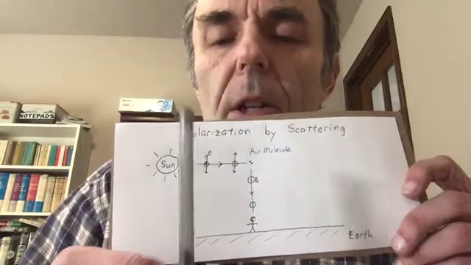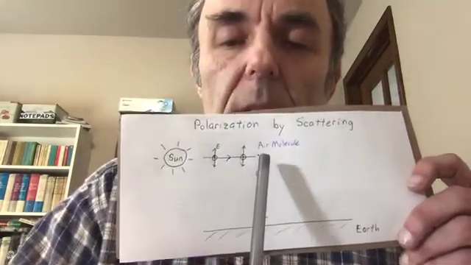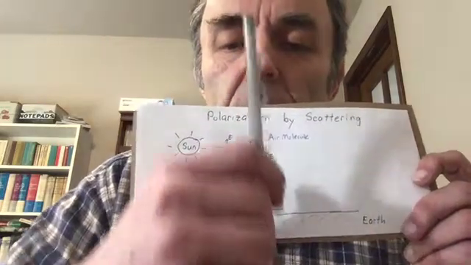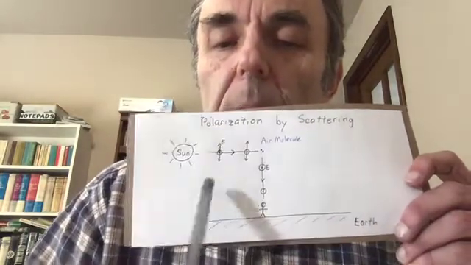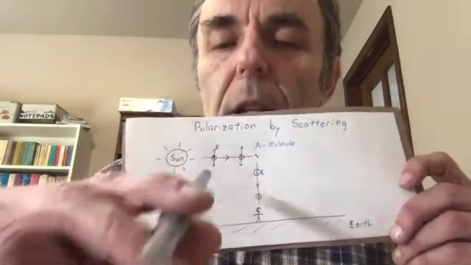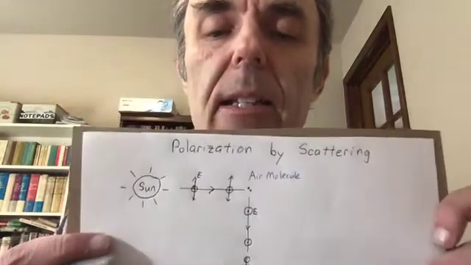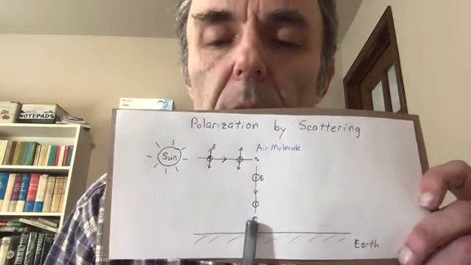Well, the part that's going up and down is not in the direction that's going to cause electromagnetic waves to come and hit you. If you're going up and down, you don't emit radiation down along that direction. But the part that's going into and out of the page, you do emit waves coming down. So what you see is that the light that's scattered by the air molecules comes down linearly polarized.